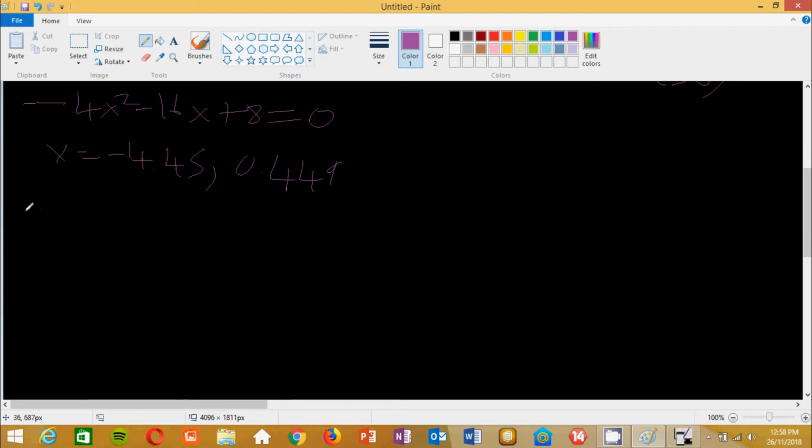And where the curve intersects the y-axis, it happens when x is equal to 0, so y is equal to 8. So this curve is going to pass through the point (0, 8). This is going to be a point on the curve.